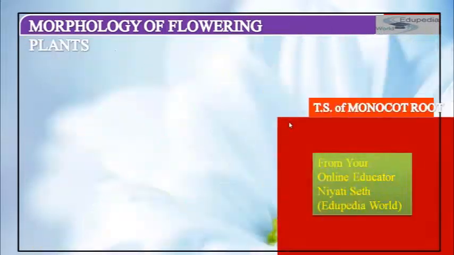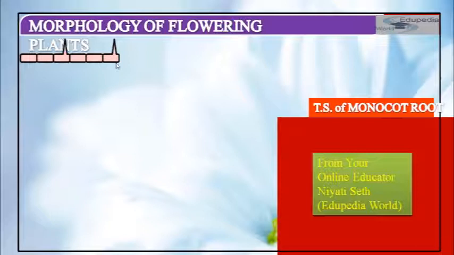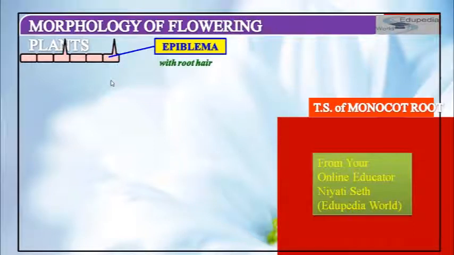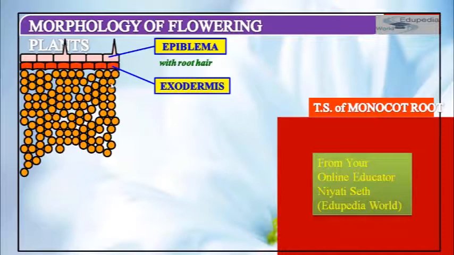Okay. Now come to the TS of the monocot root. So this is your epiblema, which is also known as piliferous layer, because it has long unicellular protrusions which are called root hairs. So this is your epiblema with root hair. Now this is your exodermis. This is your cortex.